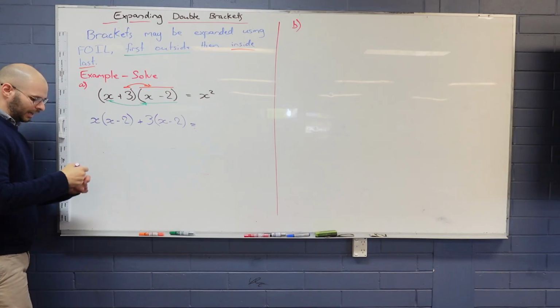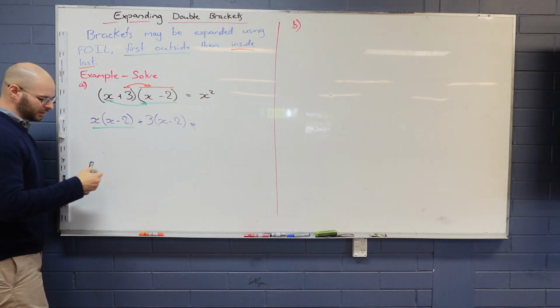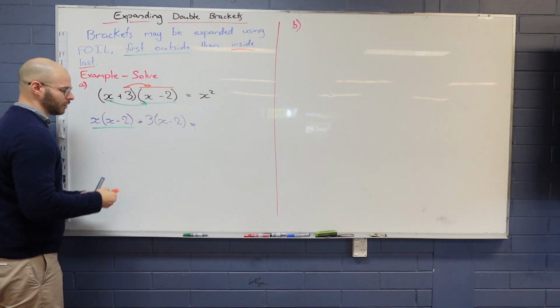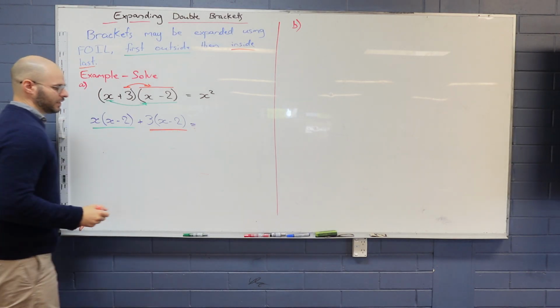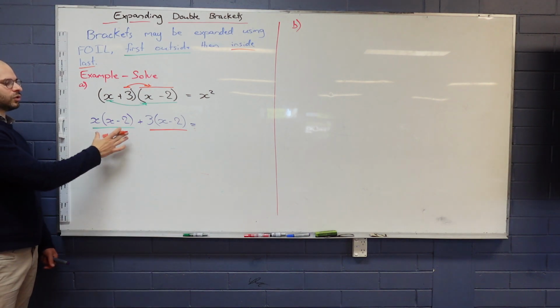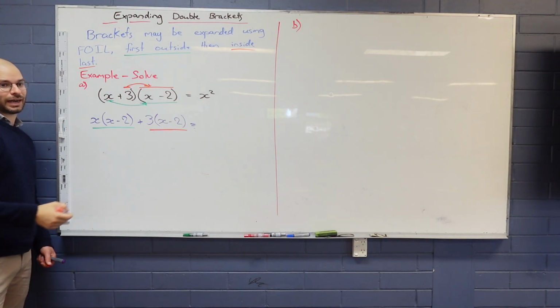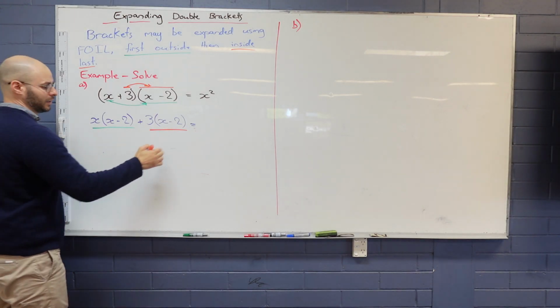And what this method does is it has turned a double bracket question, something we haven't seen before, into something that's actually familiar. We're then able to do the single bracket expansion on these two singular brackets, just like we've been doing all the time in the past.